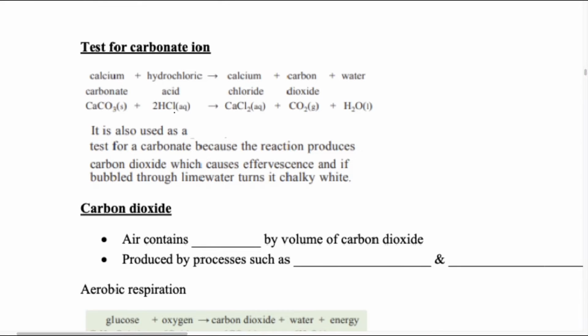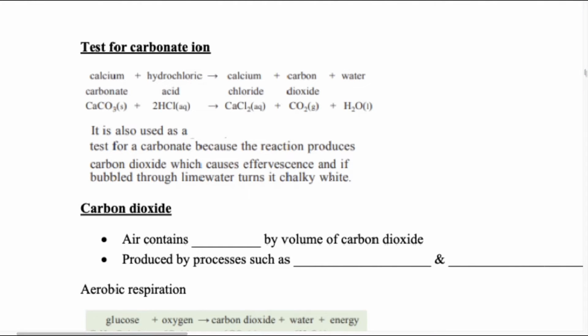Calcium carbonate plus HCl gives calcium chloride, CO2, H2O. This is the equation just now. It is also used as a test for a carbonate because the reaction produces carbon dioxide, which causes effervescence, and if bubbled through lime water, turns it chalky white.